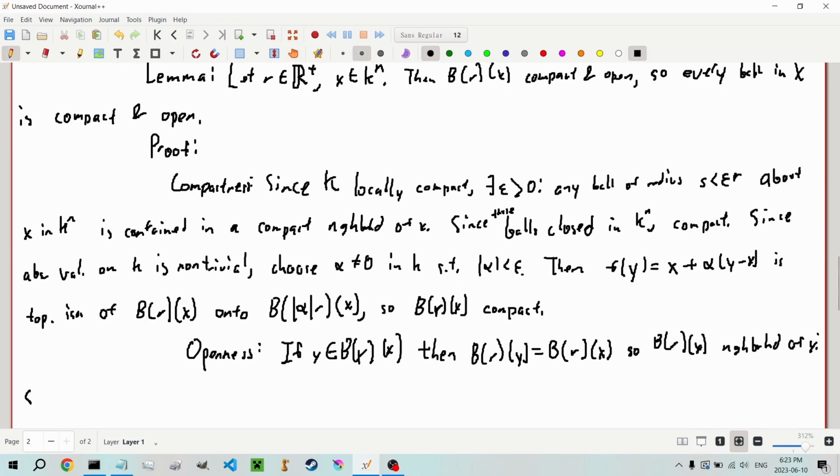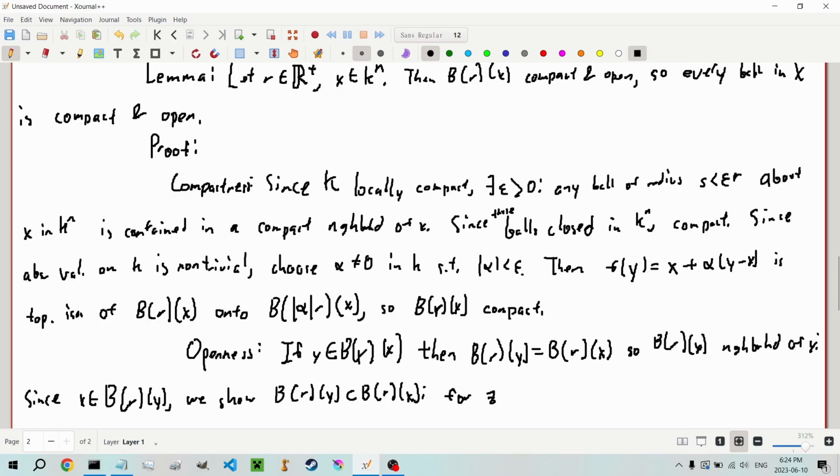Now, since x is obviously going to be in the ball of radius r around y, we can just show that the ball around y is inside of the ball around x, and then by symmetry, that will give equality.